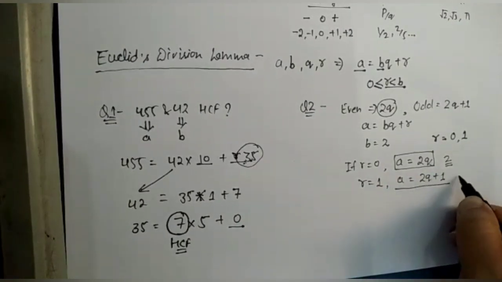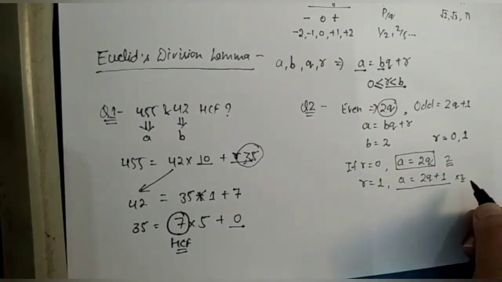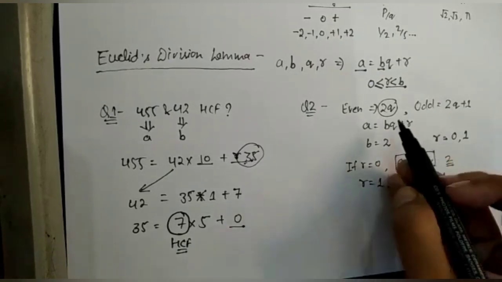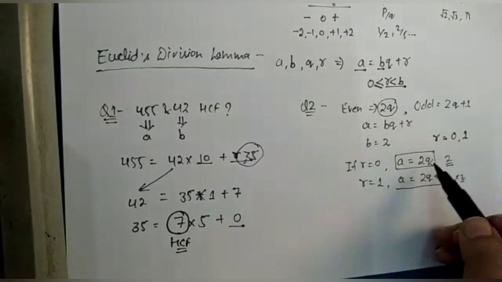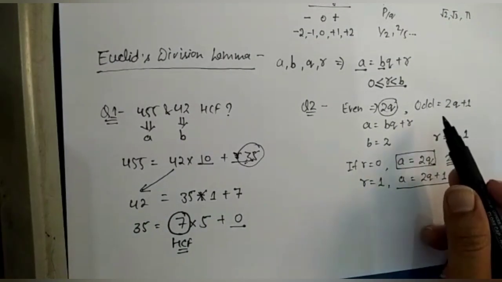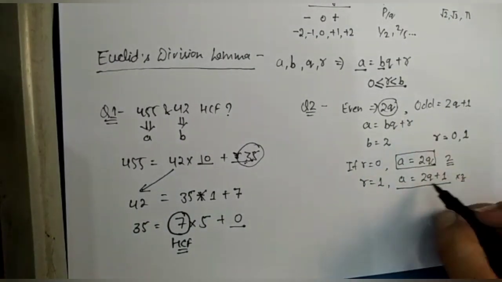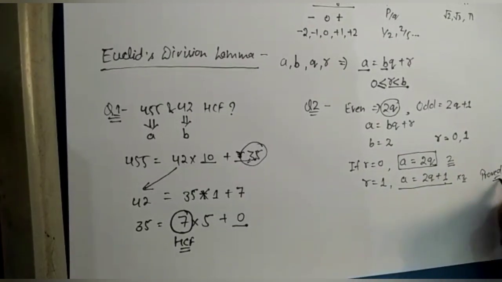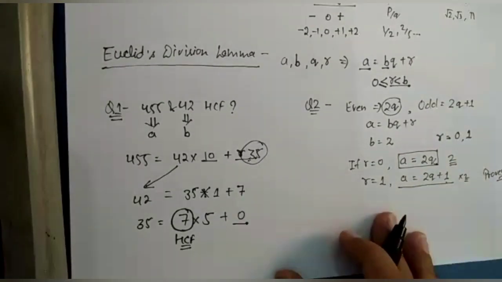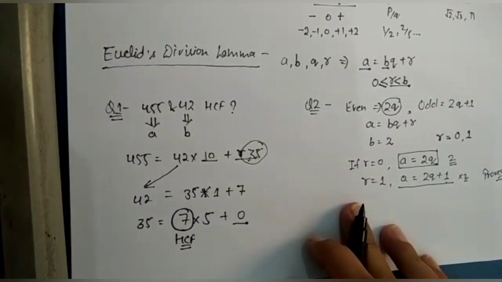But this is not divisible by 2, right? So it is proved that for an even positive integer we get the form 2q. For an odd integer we get the form 2q plus 1. This is proved.